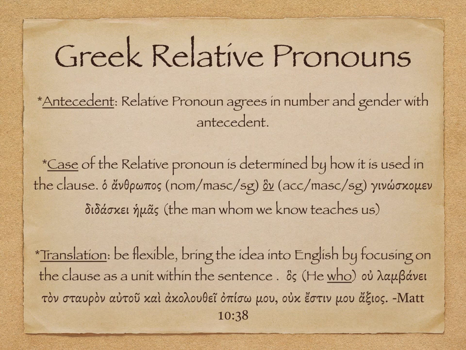So hon refers to anthropos, but it doesn't agree in case with anthropos because it's being used in this clause as a direct object, not as the subject, where anthropos is used as the subject. The man whom we know, him.